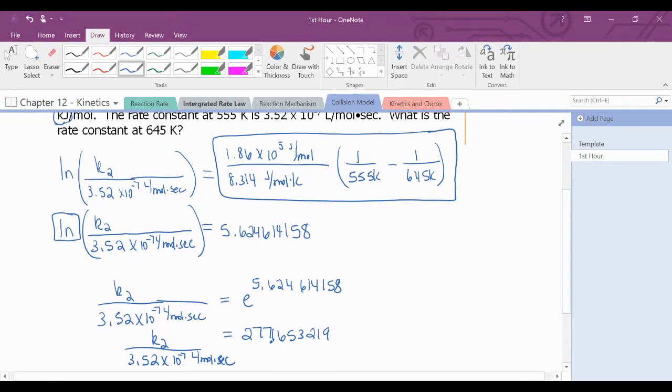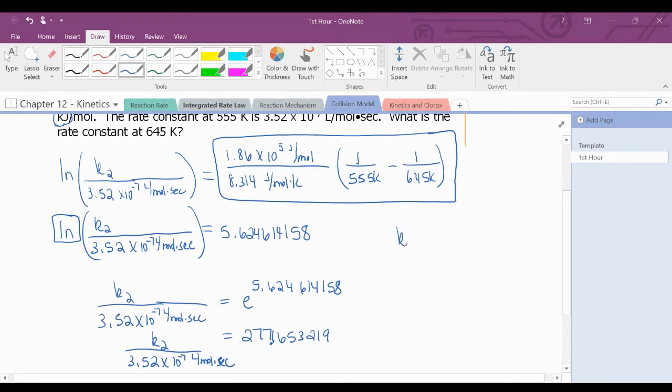Okay, then we want K2 by itself. So to get K2 by itself, we're going to multiply both sides of our equation by 3.52 times 10 to the negative 7th.